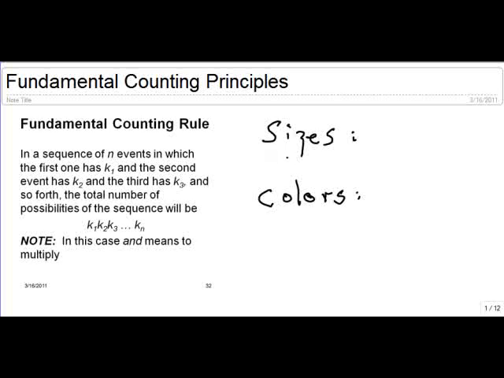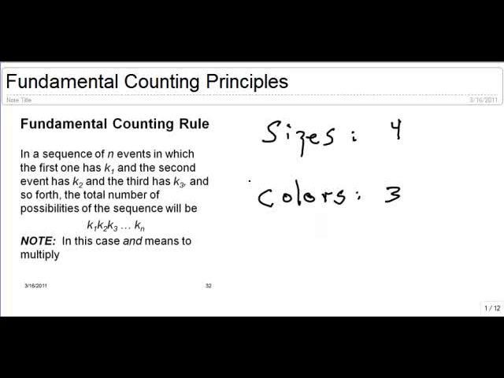So suppose that the sizes that you notice are small, medium, large, and extra large. So that means there are 4 sizes to choose from, and the colors, suppose that there was red, white, and blue. So that means there are 3 colors to choose from. So now the question is how many ways do you have to choose a coat?